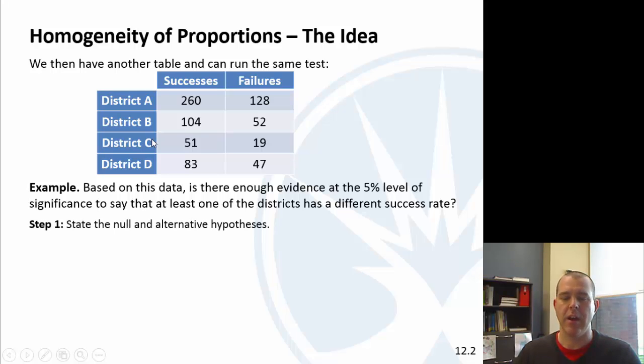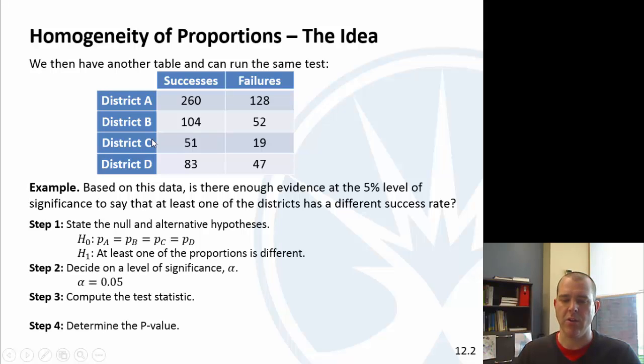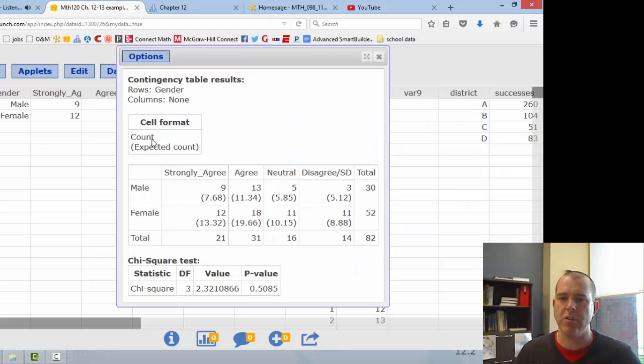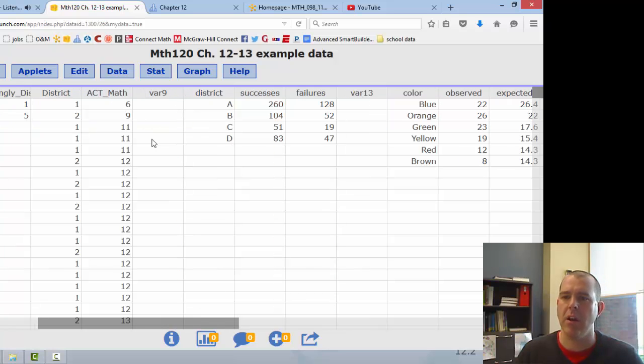So the null hypothesis is that all the proportions that are successful here are the same. The alternative is that at least one is different. And then we've got our usual things here. So let's go over to StatCrunch, and I think I have those numbers. I put them in here. Here they are.